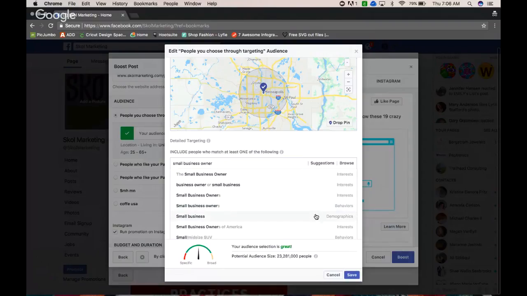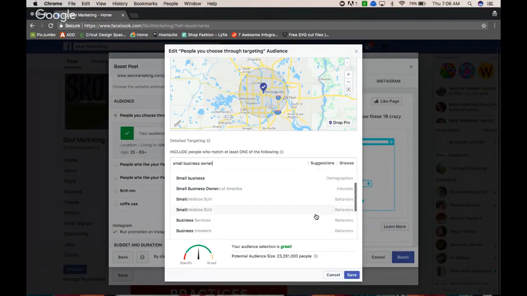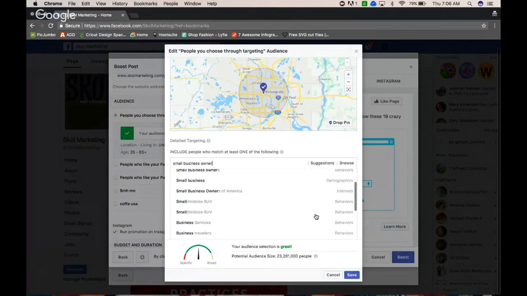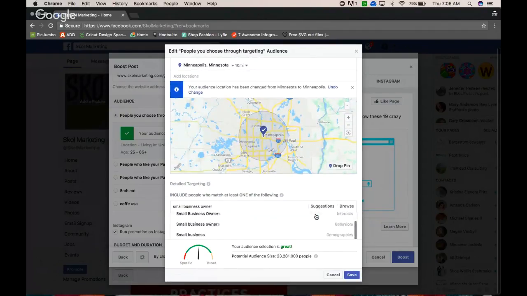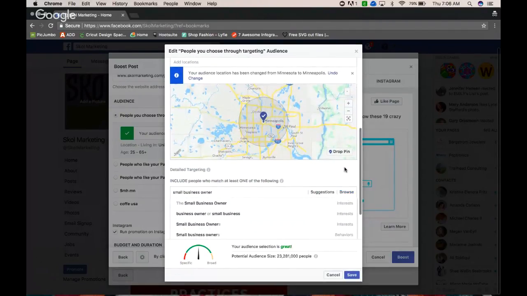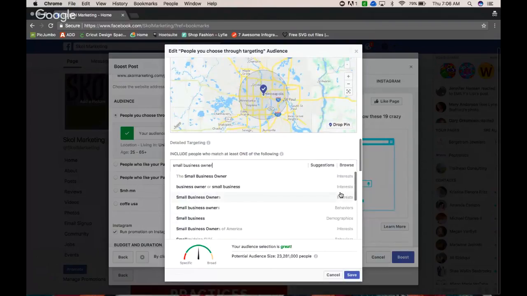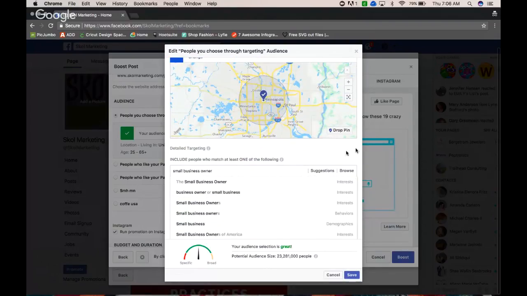But the other one also is a demographic. Be careful here, scrolling can get a little out of hand. You can also look at the demographic, and when in doubt, just pick all of them because then you're going to cover your bases.